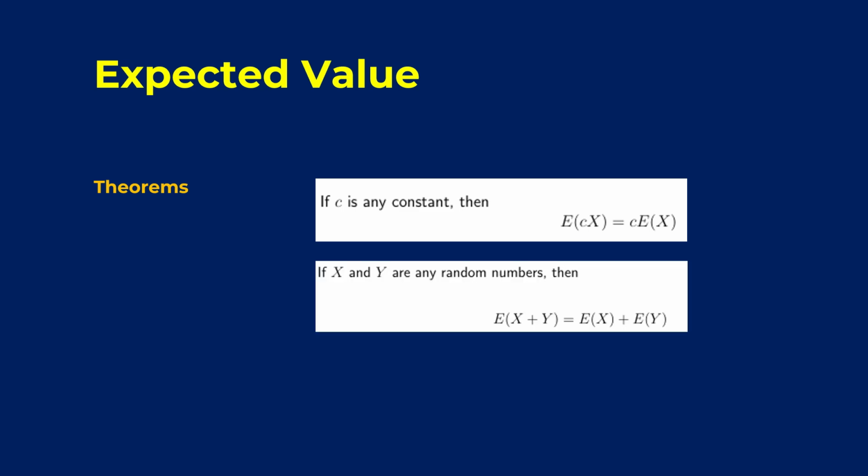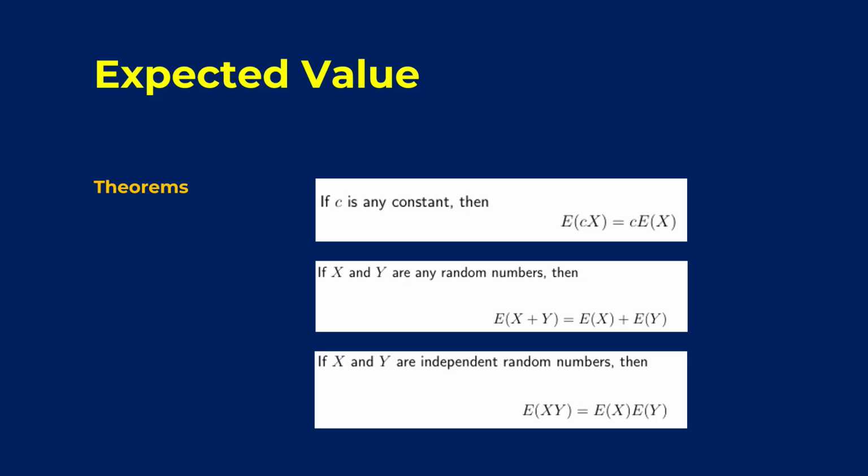In another theorem, if x and y are any random variables, then the expected value of x plus y is equal to the expected value of x plus the expected value of y. In theorem number 3, if x and y are independent random variables, then the expected value of xy is equal to the product of the expected value of x and the expected value of y.